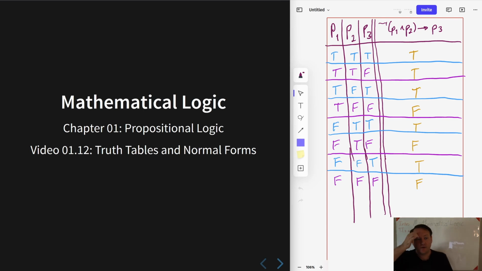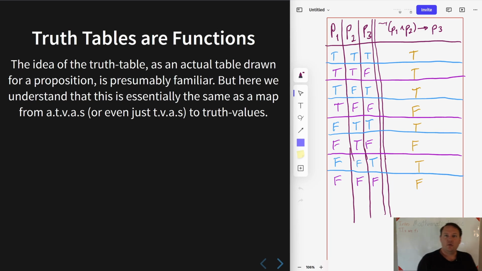Welcome to the next video in the mathematical logic sequence talking about propositional logic, and in this video, truth tables and normal forms. As you can see on the whiteboard, I've drawn a fairly standard truth table that you've likely seen before.